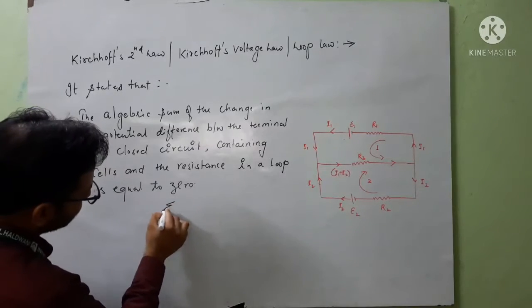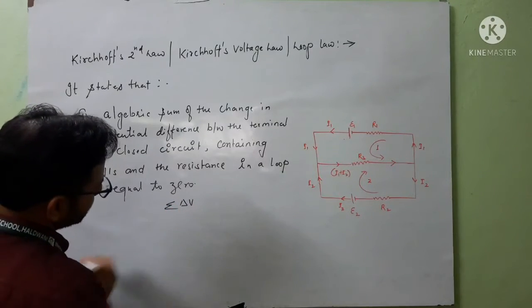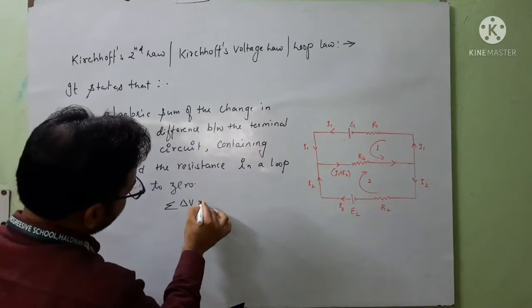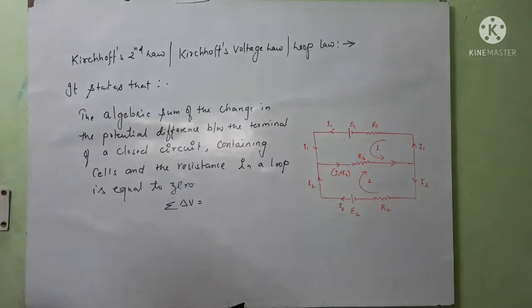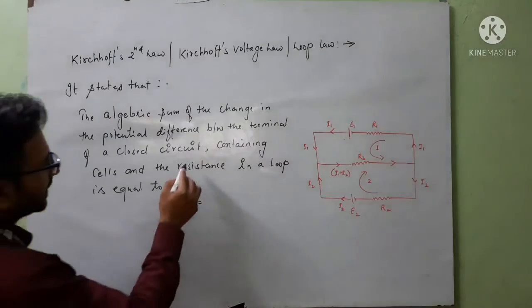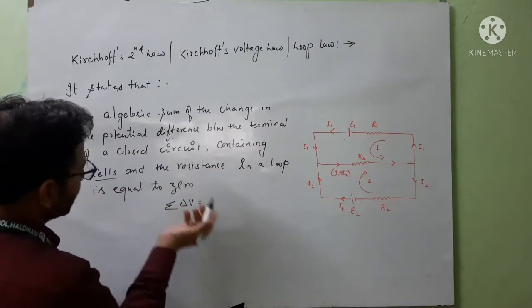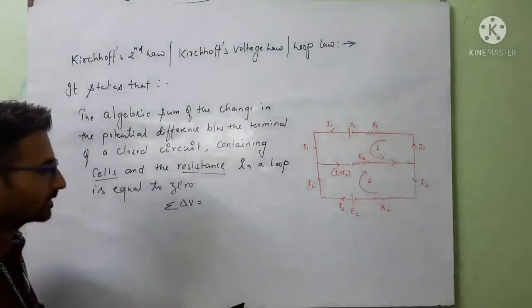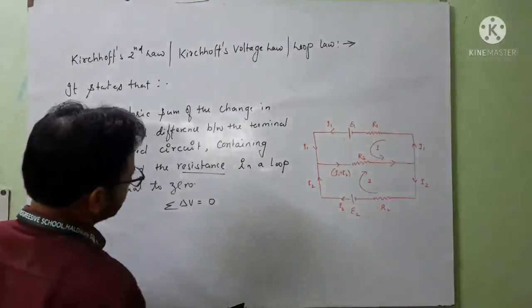It means the algebraic sum of the change in potential delta V for a closed circuit having cells of EMF E1, E2, E3 and resistances R1, R2, R3 and so on is equal to 0.